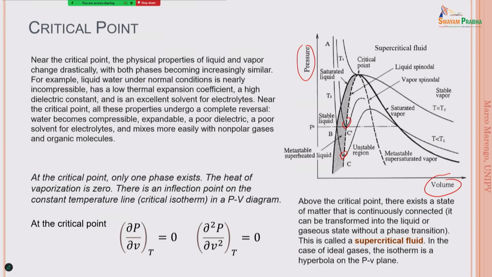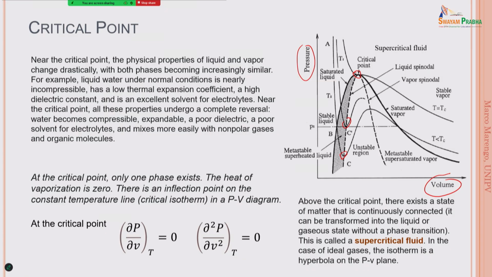You see that it's going to have a minimum, but at this point there is only an inflection, so the second derivative is 0. So at the critical point, the partial derivative of the pressure with respect to the specific volume is equal to 0, but also the second derivative of the pressure with respect to the specific volume is 0. Okay, so this is important to say.